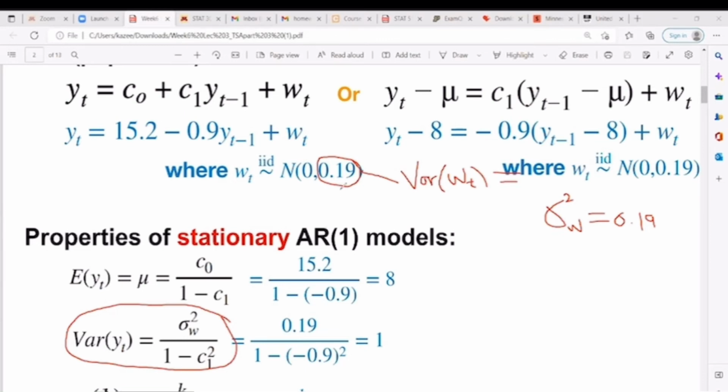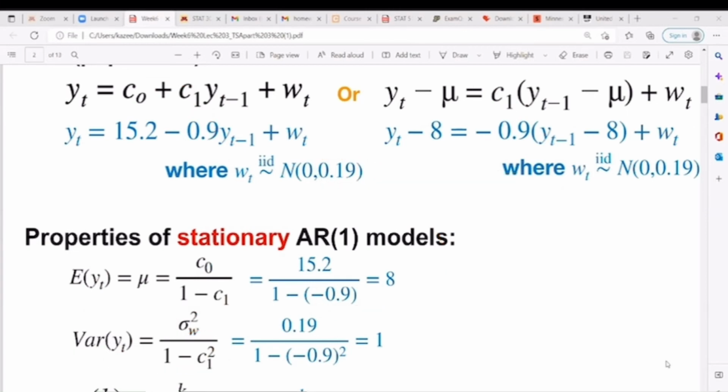That is why you can see I plug in 0.19 divided by 1 minus C1 squared. And of course, the C1 here is negative 0.9. That's the C1, right? The variance of YT now gives you 1. I think you understand that now.